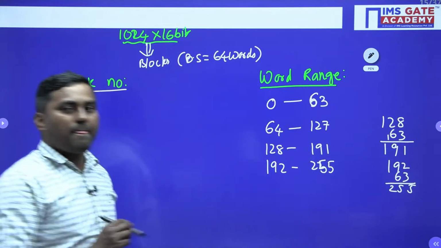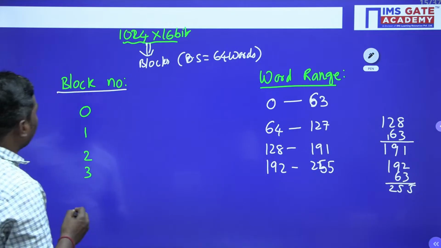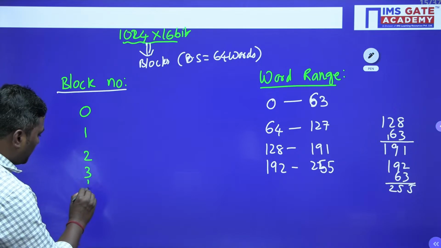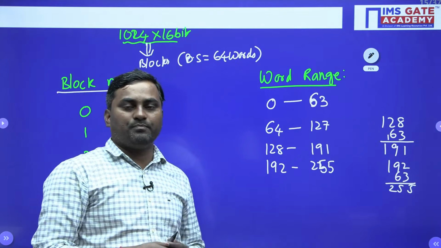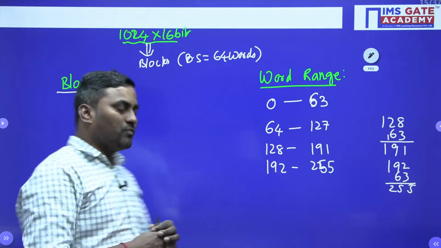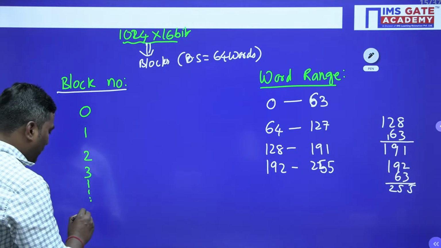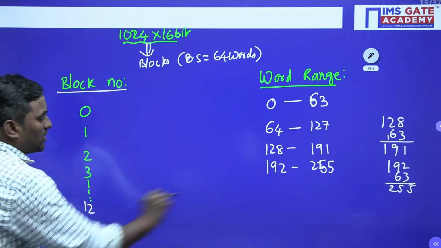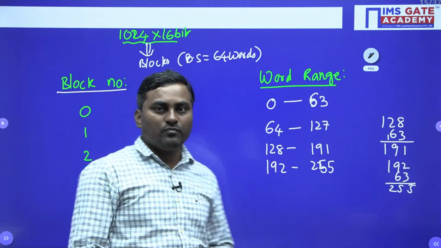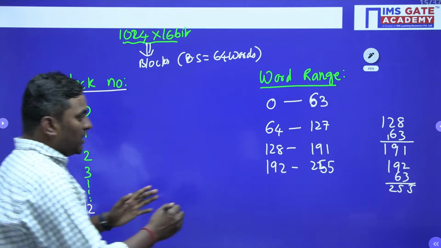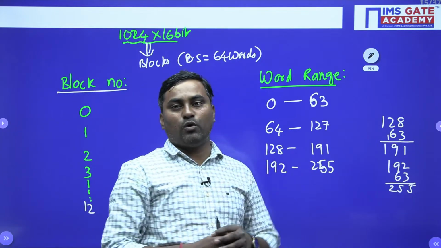Similarly, if I ask you a question: total how many blocks are there? Total blocks are 16. If I ask you the 12th block, what is the range? In order to find the 12th block range, what should I do?